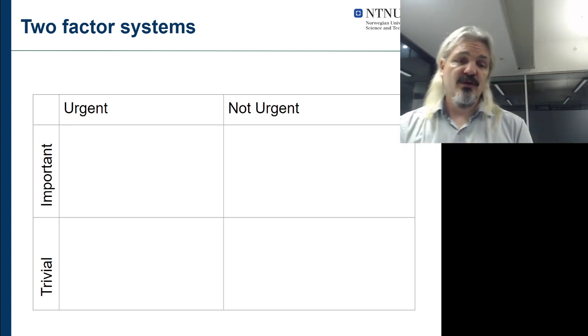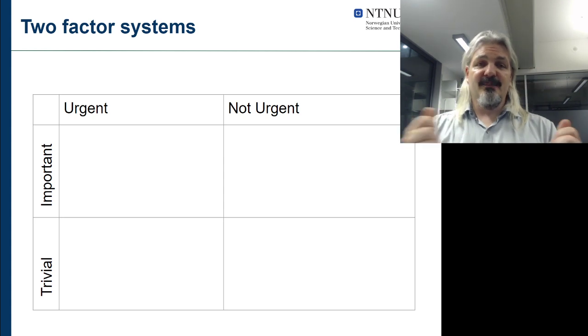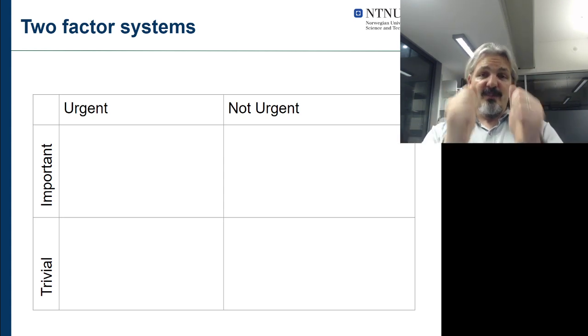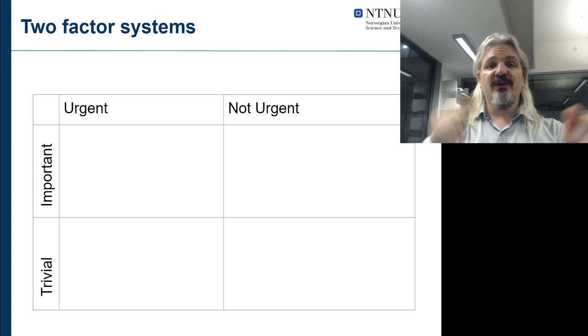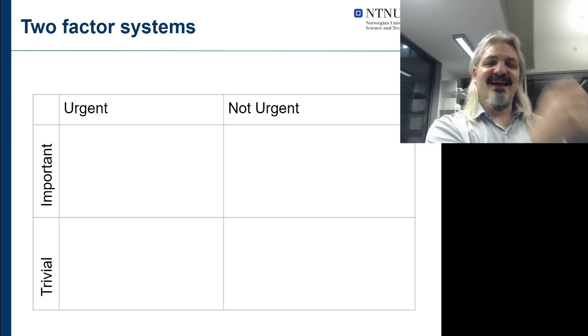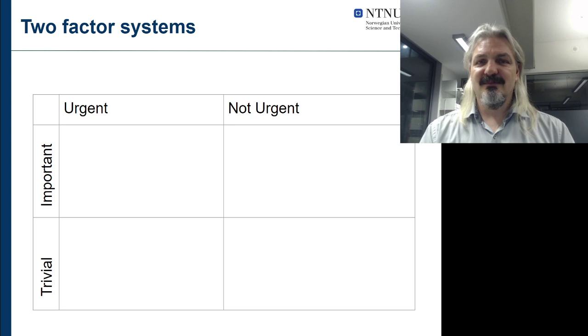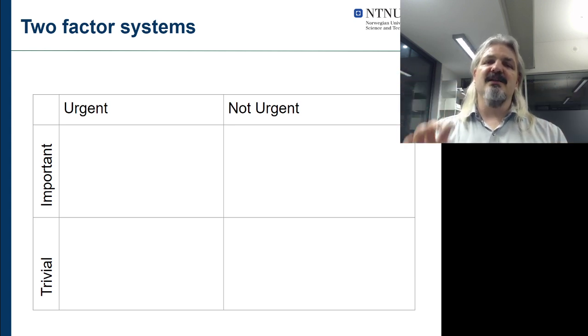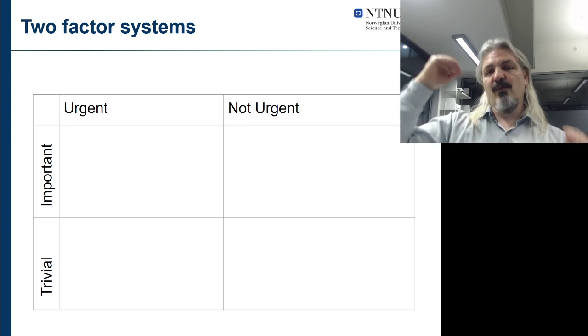And so what you can do is, again, with the stickers, you have your issues on post-it notes, and people can just put the issues up on this board, and then you discuss where it moves in relation to importance and trivial, right? Until people agree that's a reasonable placement. Once you've got those placed, you can then say, right, where's our cutoff for what we're going to do?